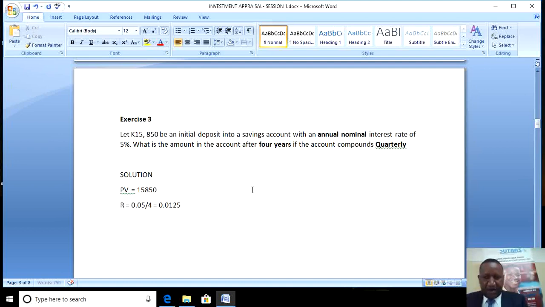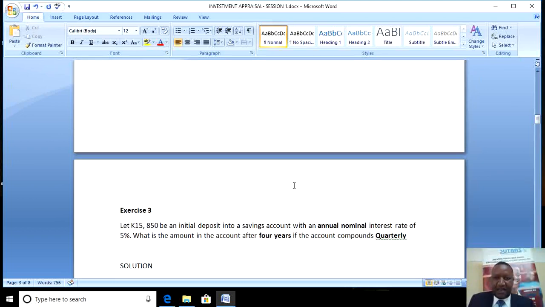Then what else are we given? We are given the 4 years. That's our N equals to 4 years. But because we are compounding 4 times each year, that's per quarter, we have to multiply that 4 years by the 4 quarters in the year, and that will give us 16.